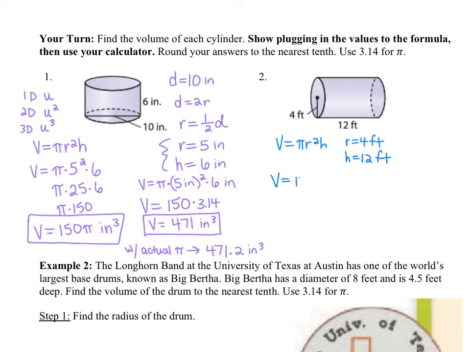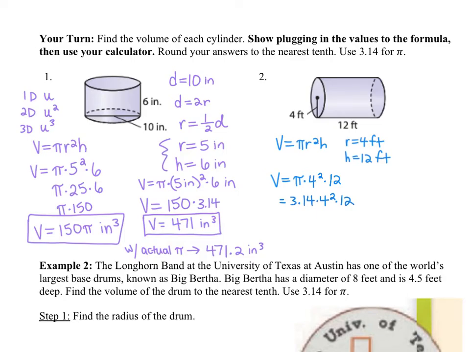And then we just plug it in. So V is equal to pi times, I'm just going to use the numbers this time, 4 squared times 12. And then if we change that to 3.14, all you do is type this whole thing in your calculator. That's another way you can do it. And then you shouldn't have any errors with order of operations. So just make sure you're using multiplication signs when you plug it into the calculator.